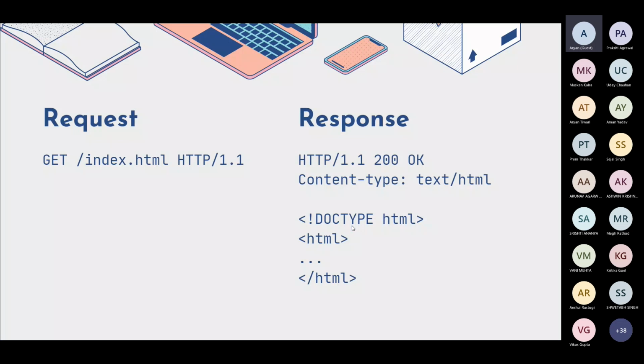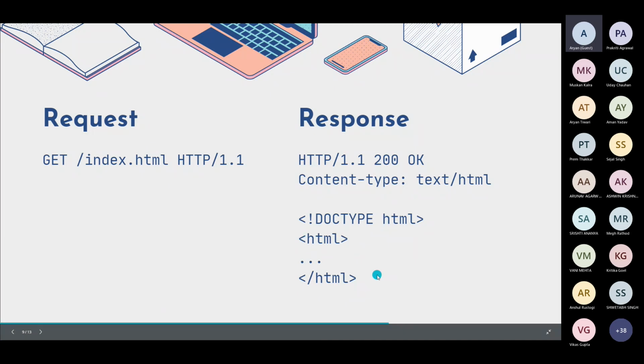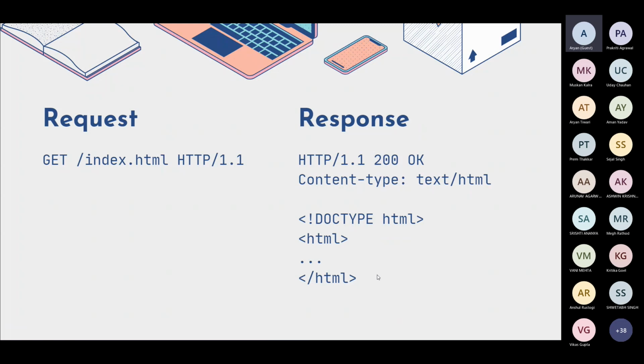It tells the browser what kind of document it is. It might have been some other kind of document, maybe XML, which is another format of data transmission. Here we have HTML, so it specifies that first, and then it has the whole HTML markup code. Okay.